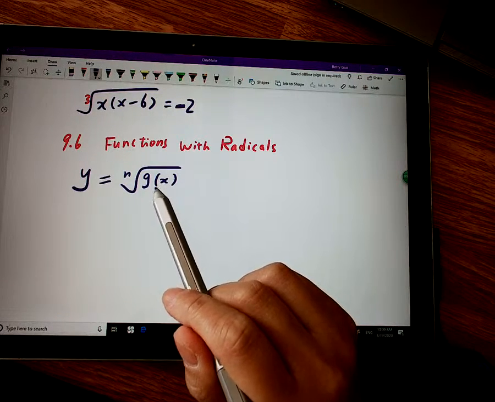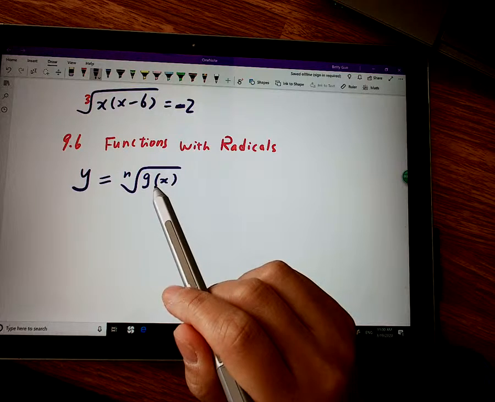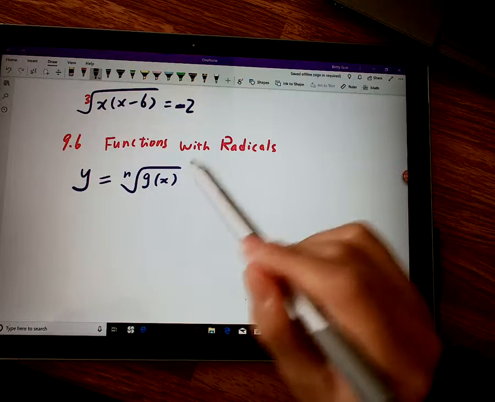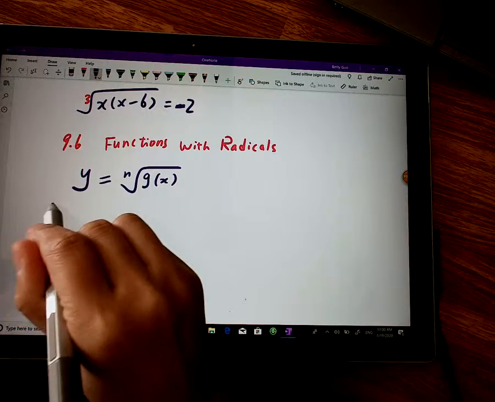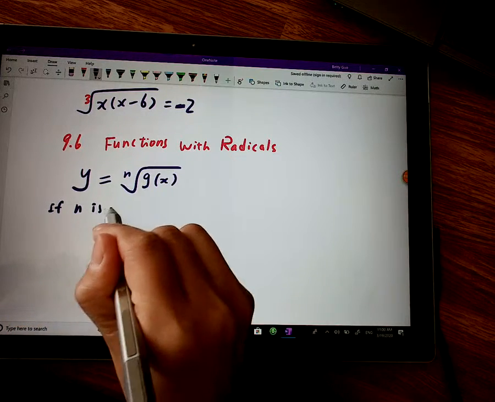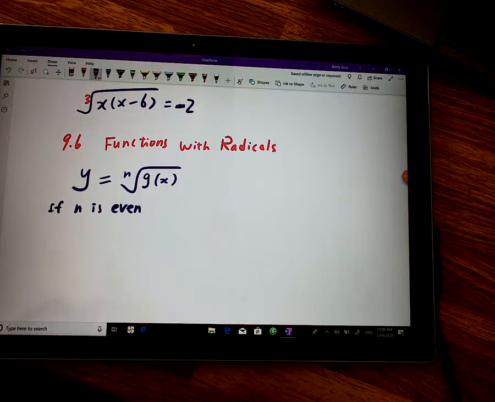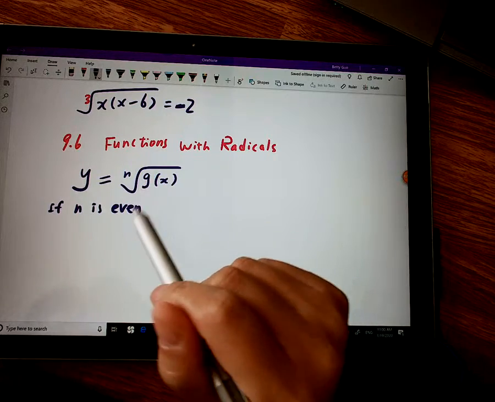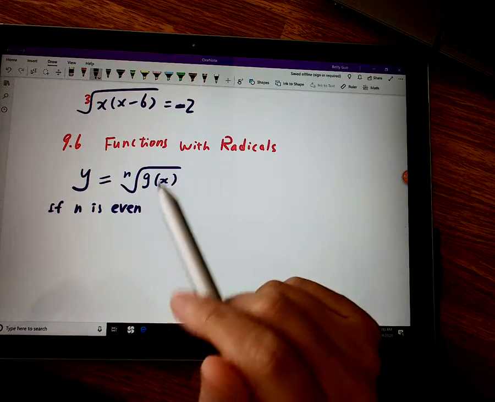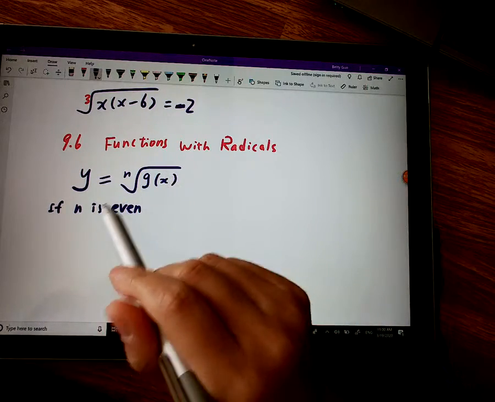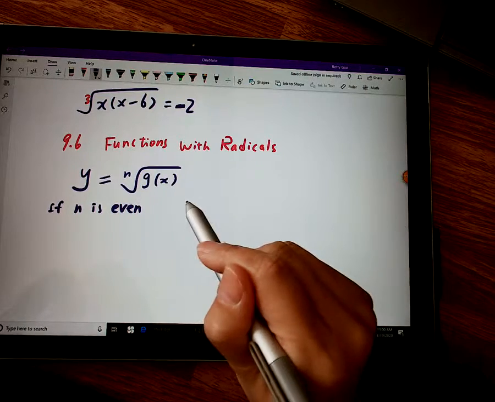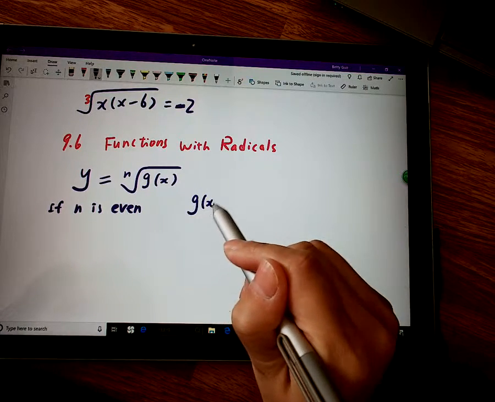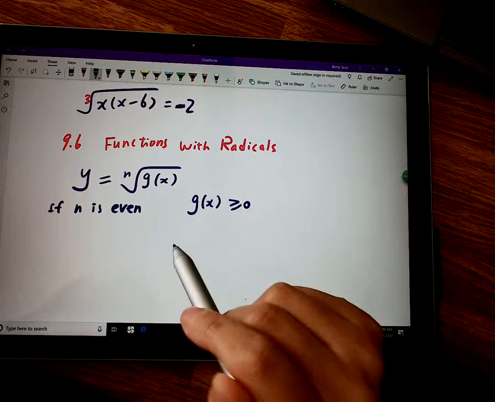So if n is even, then what is the domain of this function? Everybody knows what even is. 0 actually is even, but if we only consider positive integers, n could be 2 or 4 or 6 or 8 or 10 and so on. If n is an even number, then the radicand has to be non-negative.